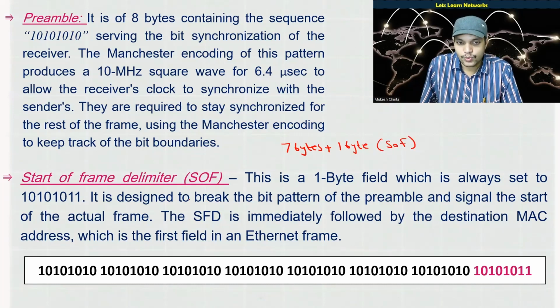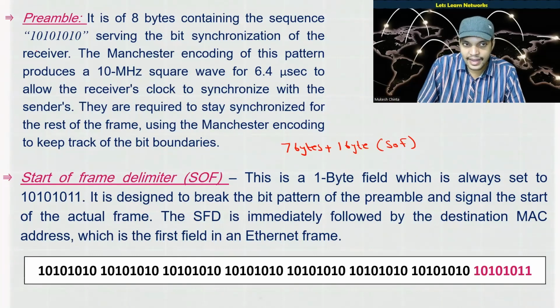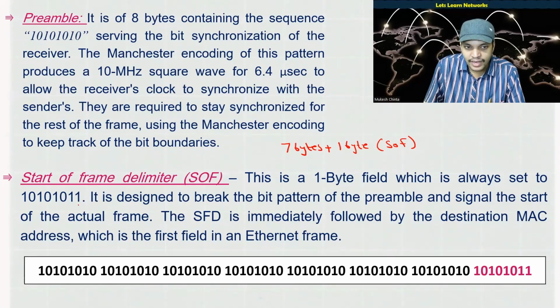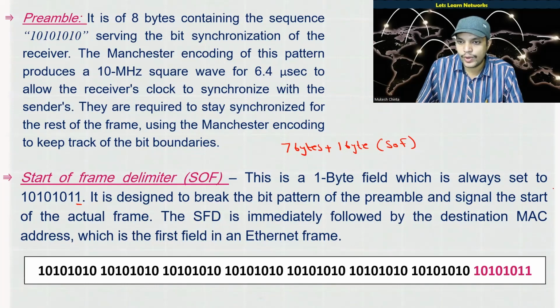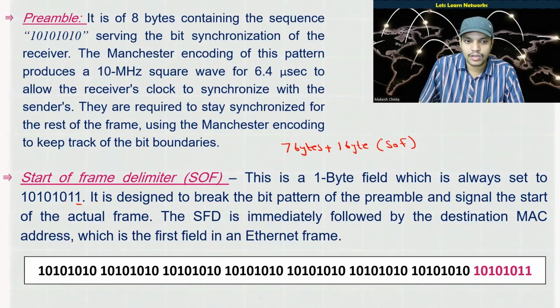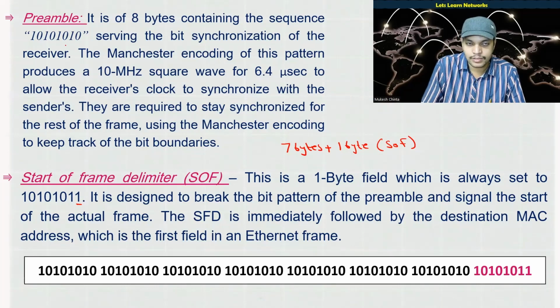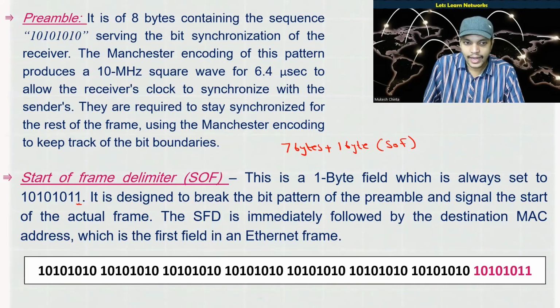Now, the SOF, or in other words, the start of the frame delimiter byte, is the same pattern except for the last bit. Only the 8th bit is changed. This is a 1 byte field which is always set to 10101011. So the same pattern is being repeated except for the last bit. Instead of a 0, now we are placing a 1 here.